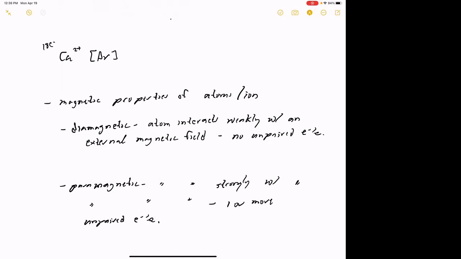So when I look at orbital diagrams, I can predict the magnetic properties of a given element or ion by looking for either unpaired electrons or paired electrons.